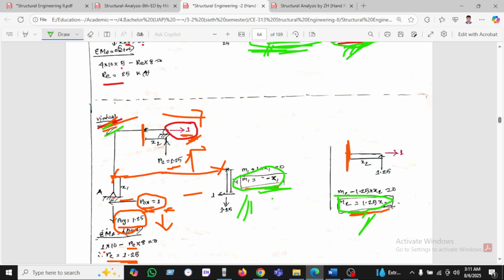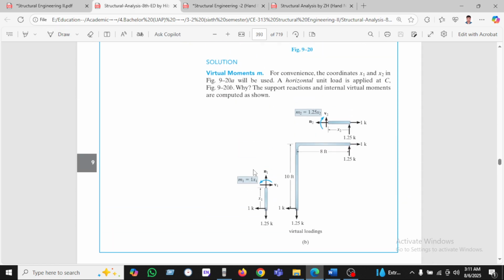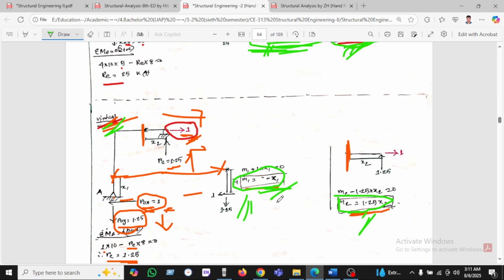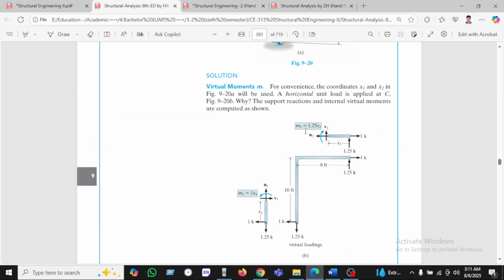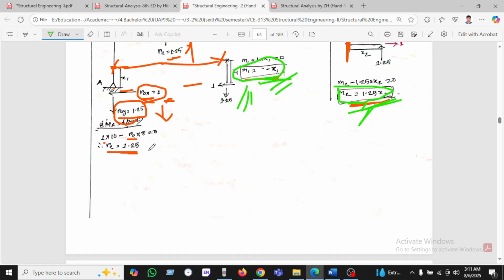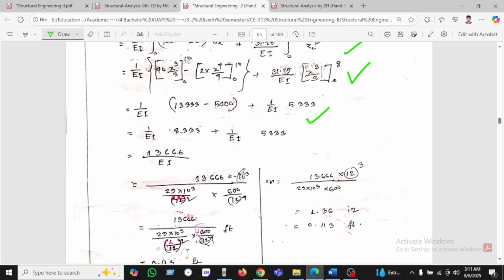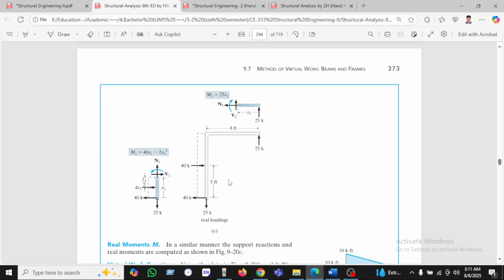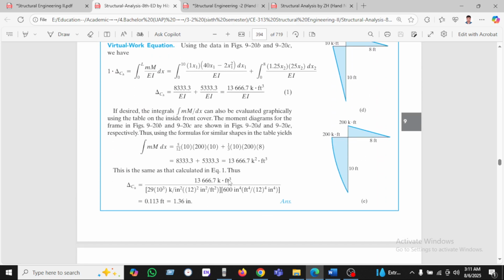For the virtual, we have seen from Hibbeler's book that they are calculating m1 equal to 1x. You can see here m1 equal to minus x means 1x, and m2 equal to 1.25 minus 2x. So all these things are the same as in Hibbeler's book.